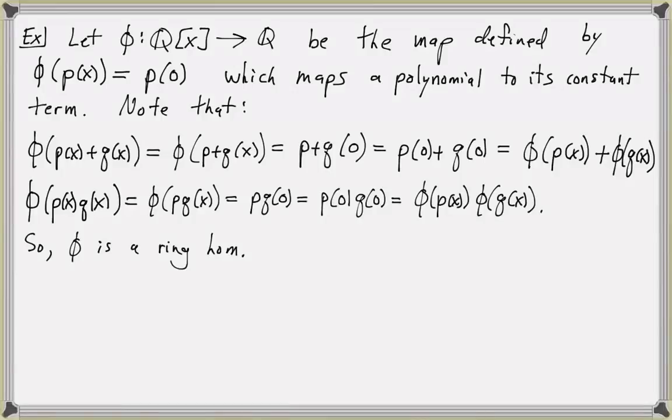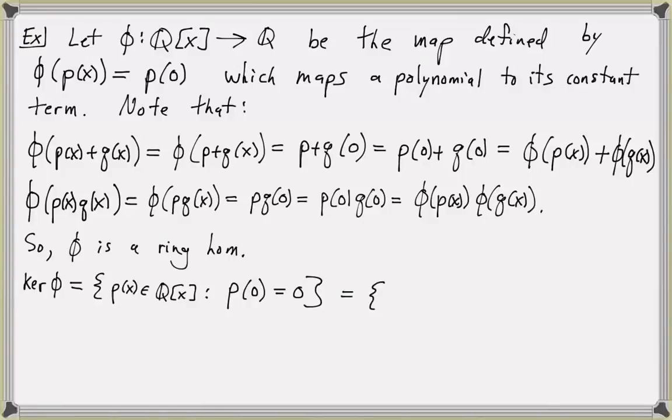Let's look at the kernel of phi. So the kernel of phi would be the set of polynomials that get mapped to 0. So this would be a polynomial whose constant term equals 0, but any polynomial whose constant term is 0 must be a multiple of x.